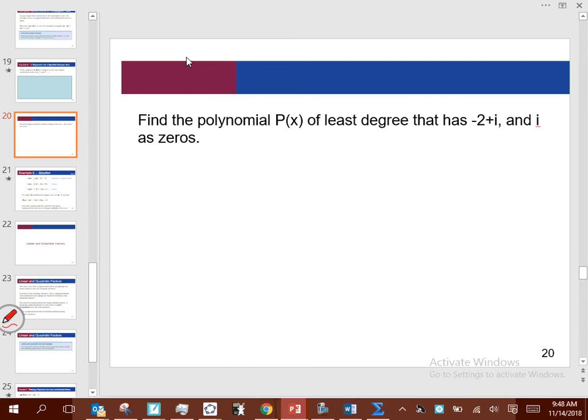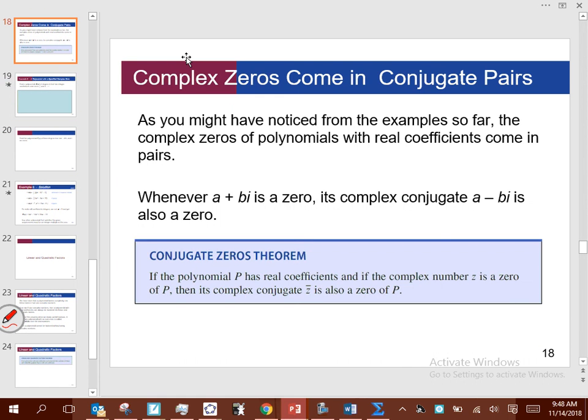Again, the moment that you start using the conjugate theorem, you have to understand that the zeros that they provide need to be in the A plus Bi format. If you remember back to the theorem we said yesterday, let's look at this. I guess the theorem doesn't say it the way I wanted it.